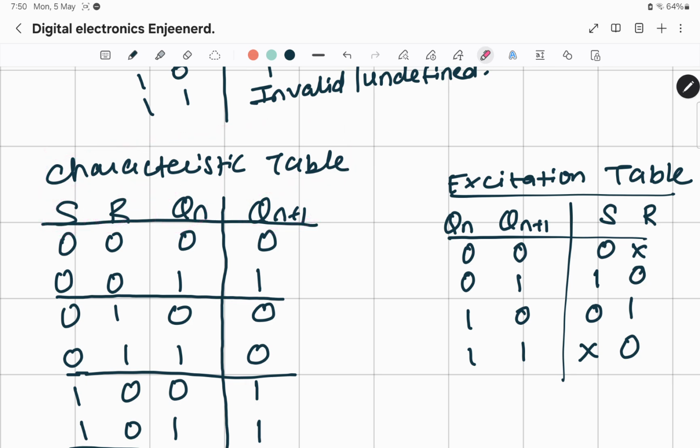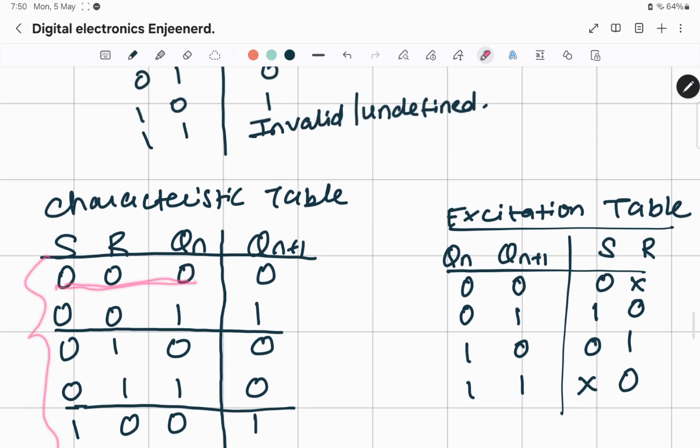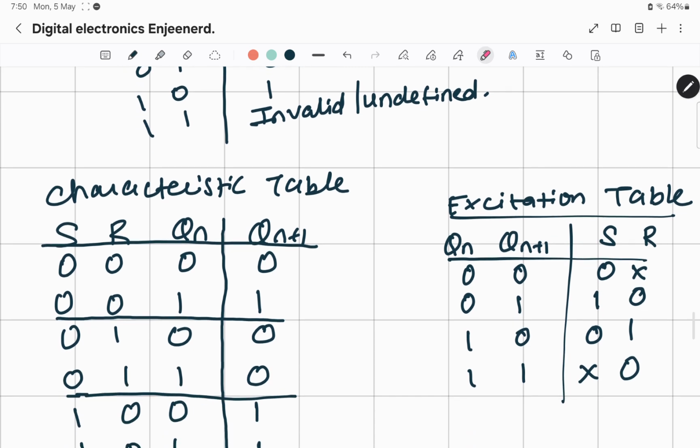So we'll have 3 inputs in this flip-flop, S, R and Qn. Since there are 3 inputs, how many combinations will I have? I will have 8 different combinations from 0, 0, 0 to 1, 1, 1. And depending on these combinations, I will use my truth table to get the value of Qn plus 1.